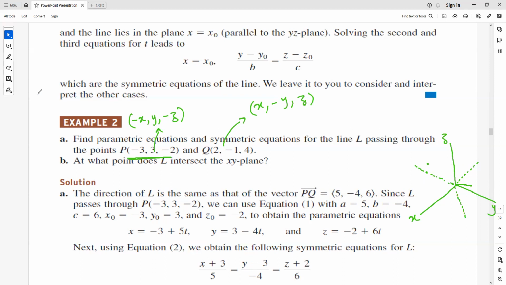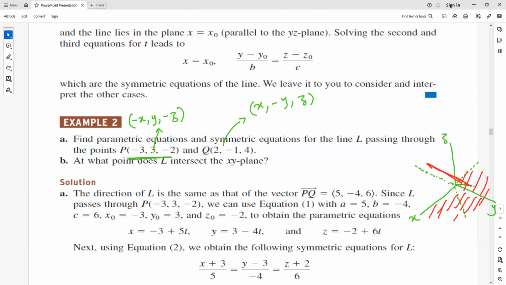Now if I join these two points, the line starts from here and cuts the XY plane, because now it's going down. This whole part here is the XY plane.